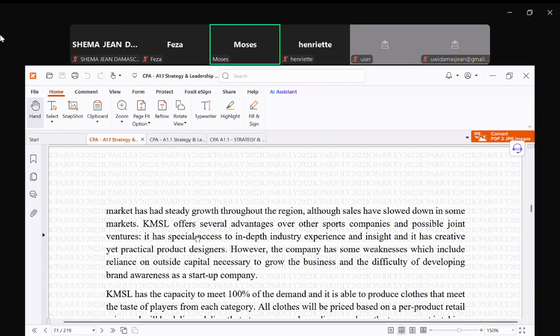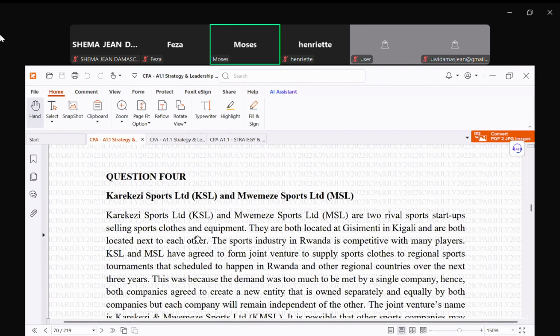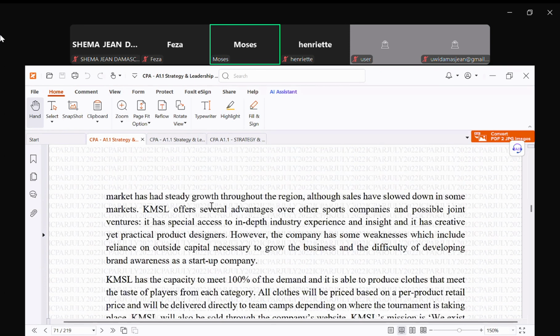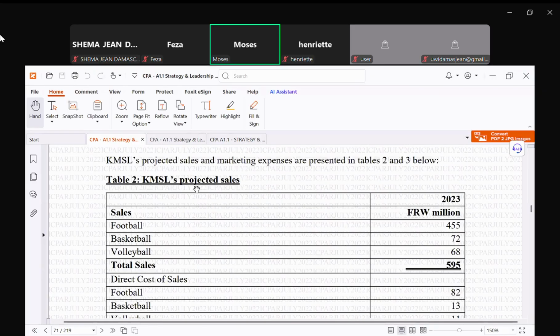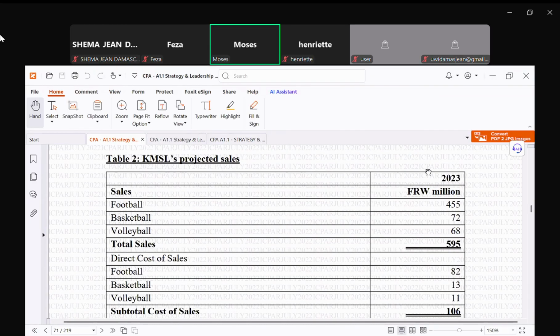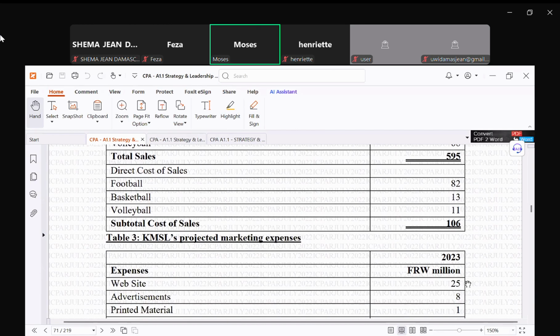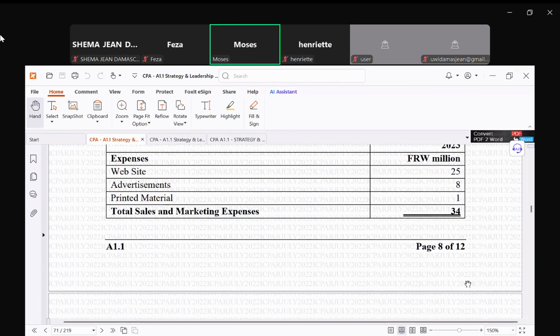The question, July, as you can see, was about a sports business, but it had these projected sales. The numbers are here. So that's chapter number 1, by the way, in your textbook, marketing plan.